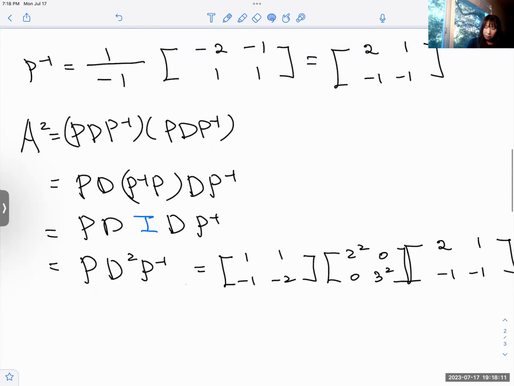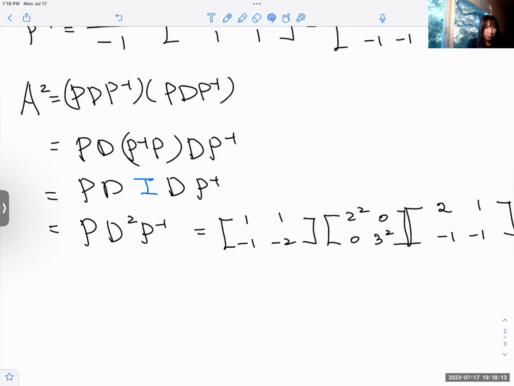Okay, now A cubed. Basically A squared times A, right?